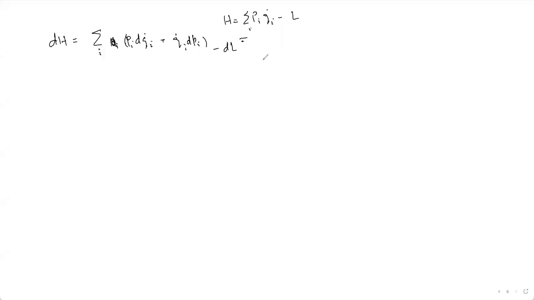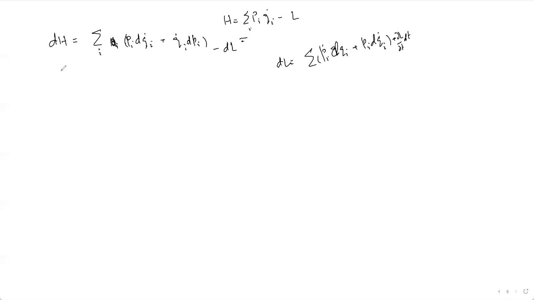But dL we have already defined as what I wrote just now. dL is equal to the summation over i of p dot i dq_i plus p_i dq dot i, plus partial L by partial t into dt, right? So I will just substitute dL here.